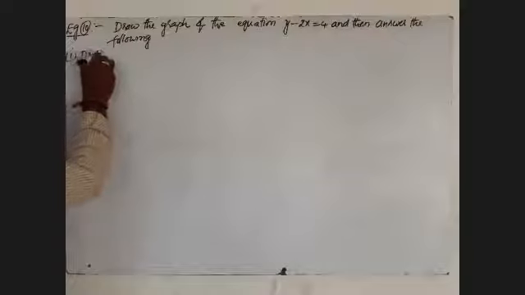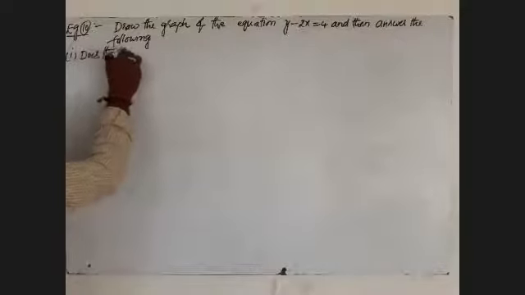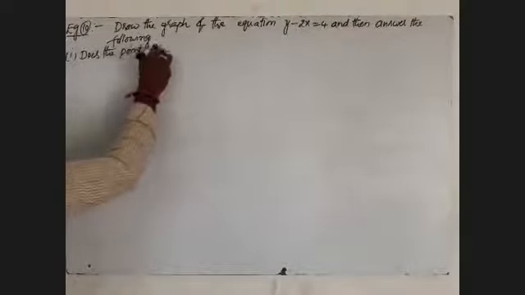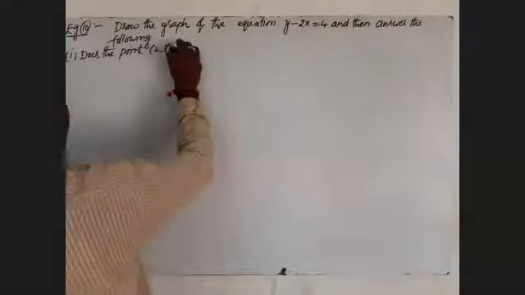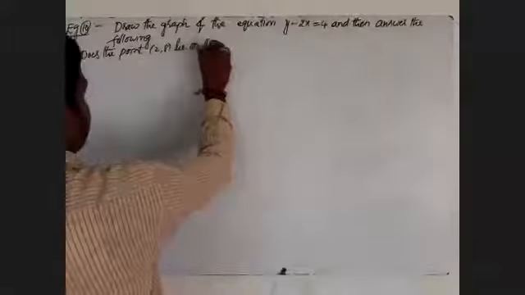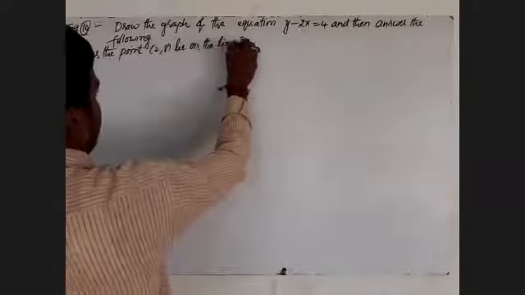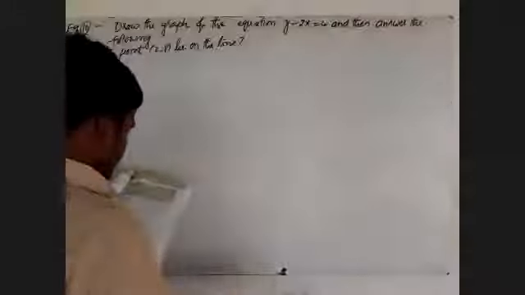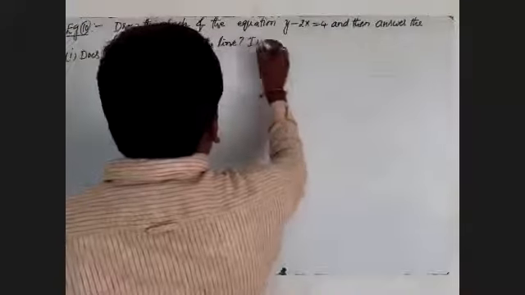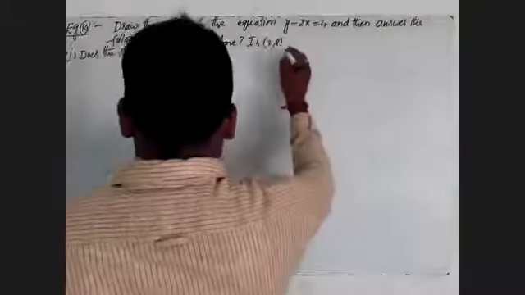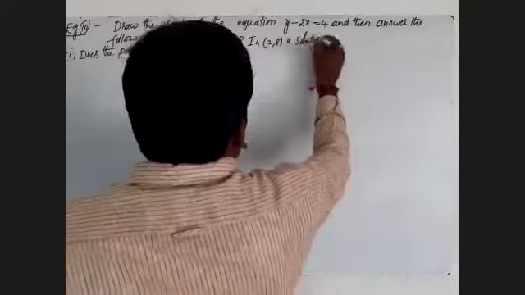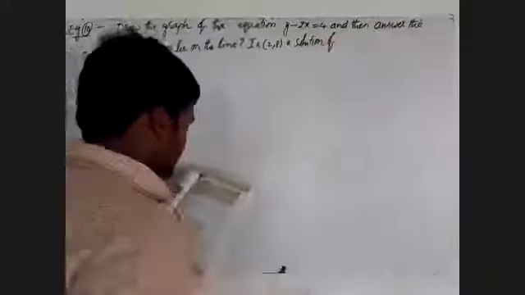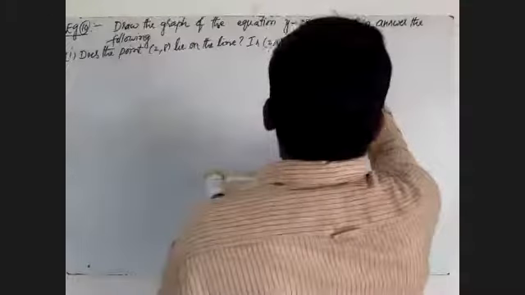The first question is, does the point (2, 8) lie on the line? Is (2, 8) a solution of the equation?